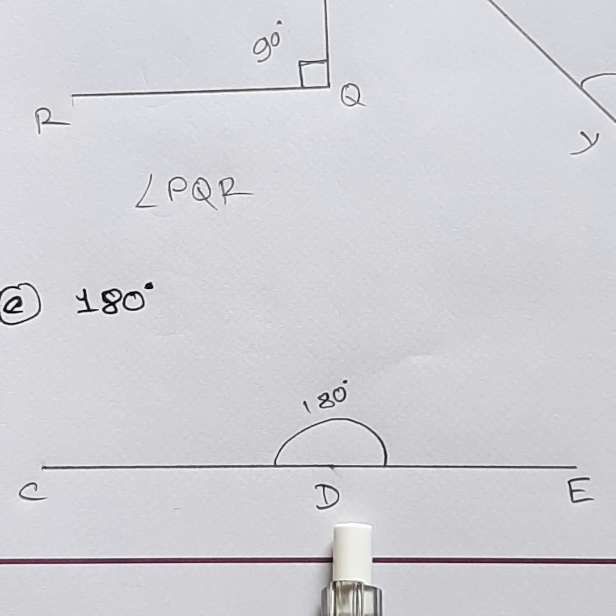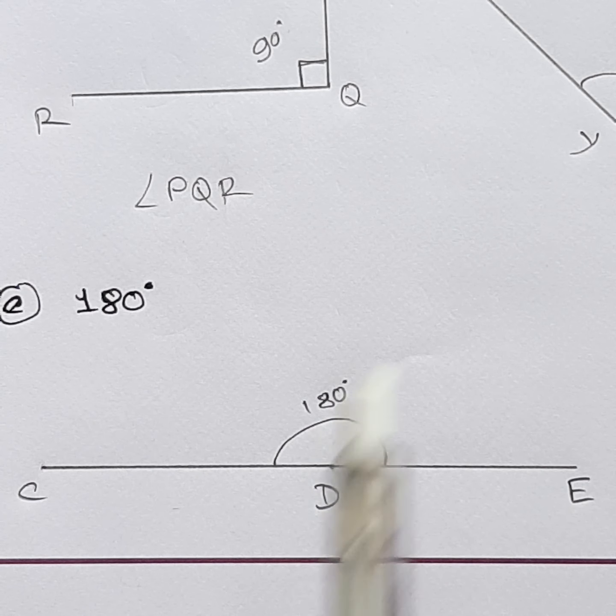We will write down D in the middle. Don't worry about the letters, because if you want to write them down, just write them in sequence, one after another, A, B, C or P, Q, R, or X, Y, Z or S, R, T, U, V, W, like this. Okay, use this kind of letters for naming your angles.